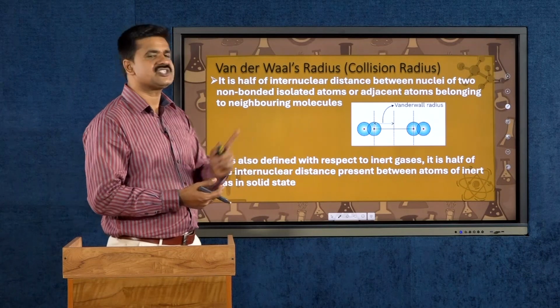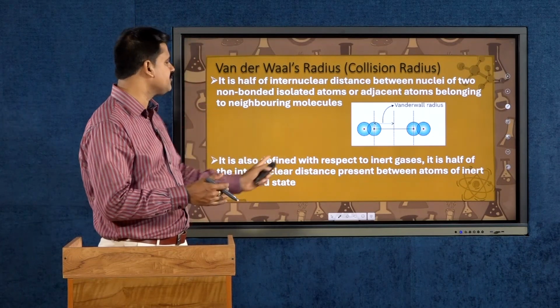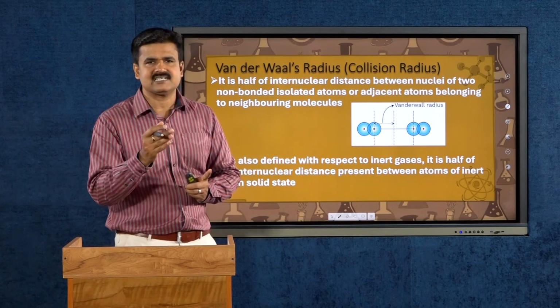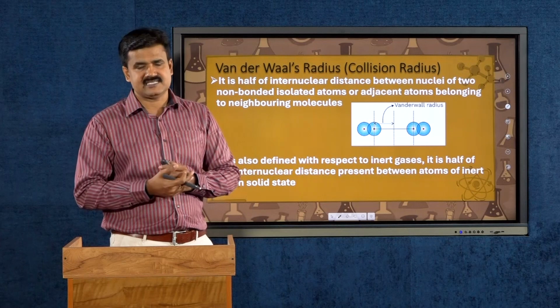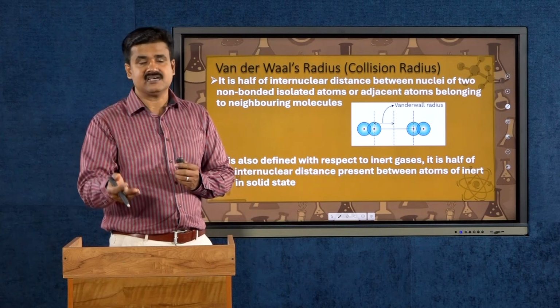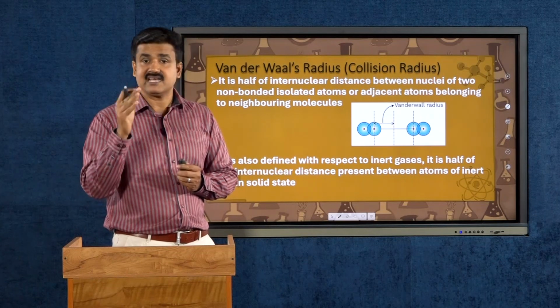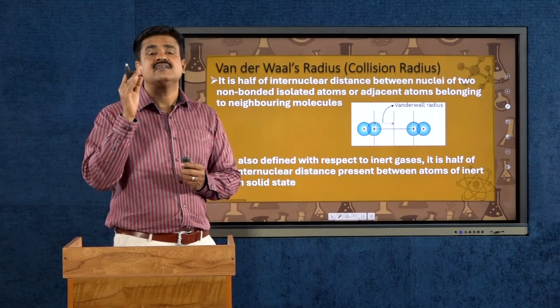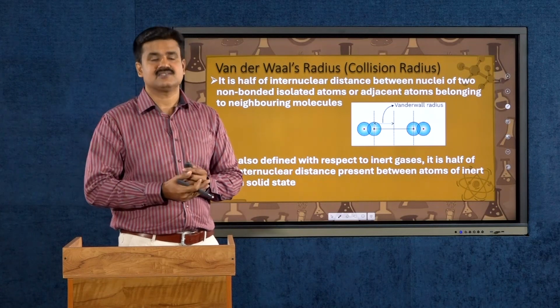In the case of the noble gas, van der Waals radius is defined as 1/2 of the internuclear distance between atoms of the inert gas in the solid state. So, in the case of inert gas, we are considering the distance between atoms. They are already non-bonded, but you have to consider that the noble gas must be in the solid state.